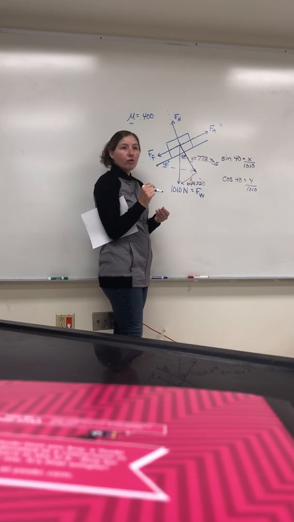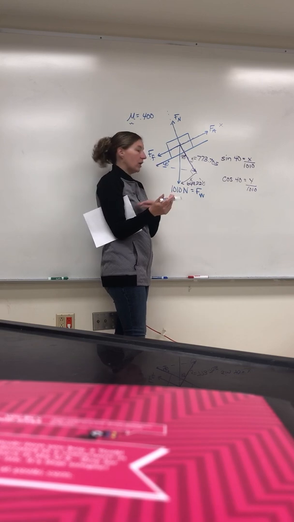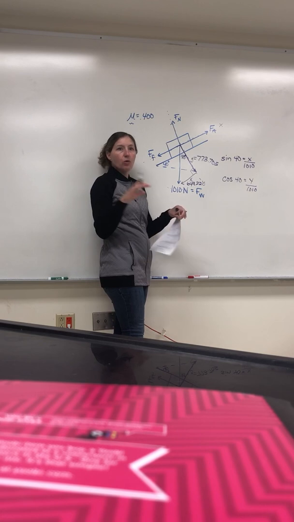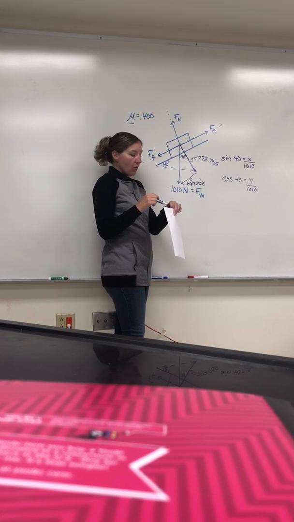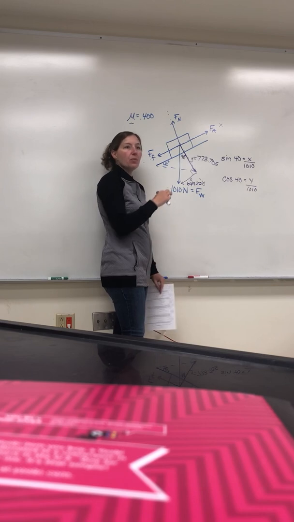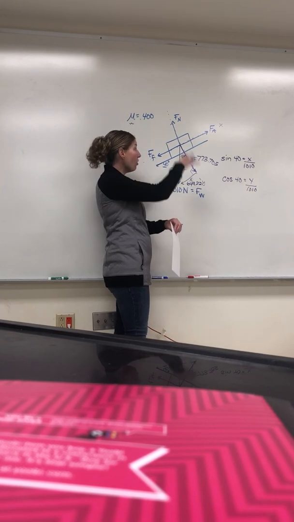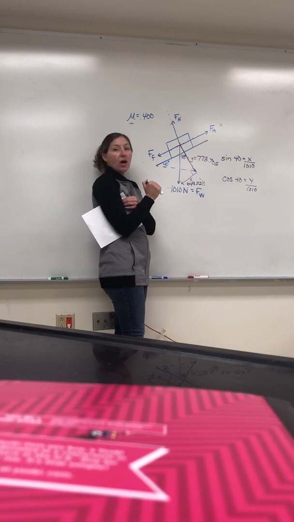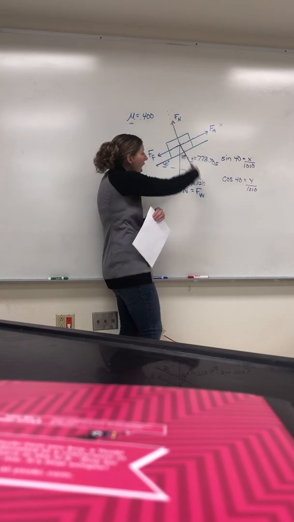Okay, now all of your forces are in X only and Y only. At this point, actually, you don't have to use the 1010 anymore. We're done with that number. Now we need to look at net force. If this is going at a constant speed up the ramp, the net force, all the forces added up, has to be 0. How many forces do you have acting along the Y-axis?